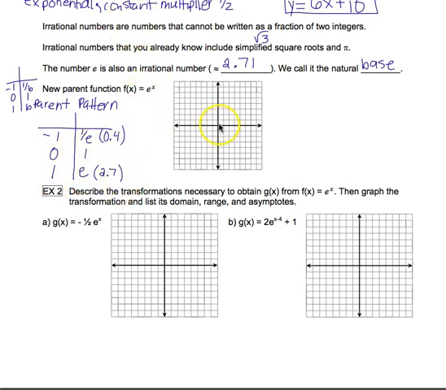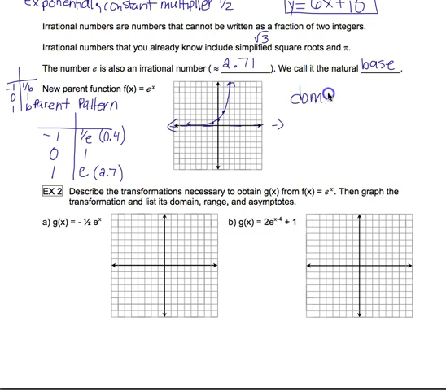So if I graph that, -1, 0.4, that'd be right here, 0, 1, and then 1, 2.7. It does have the same exponential shape that our other exponentials did. It does have a horizontal asymptote on the x-axis.